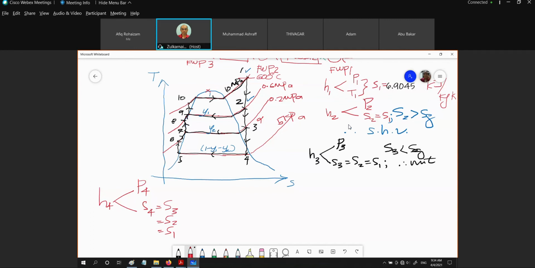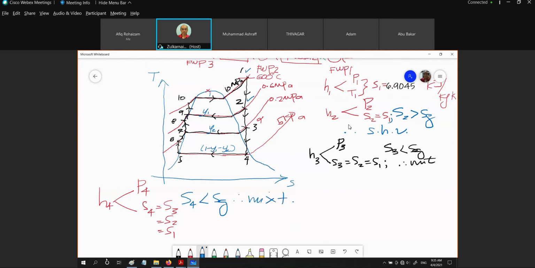But right now we are going to get at 5 kPa. 5 kPa or 50 kPa? 5 kPa, right? The question is 5 kPa. So at 5 kPa, the SG is 8.3938. So what we are getting right here, S4 is less than SG at the pressure of P4. Therefore, again, we are going to have a mixture.